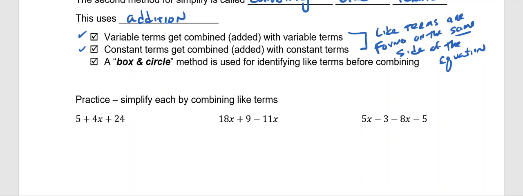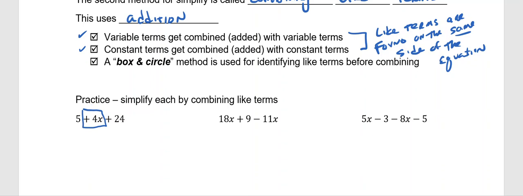So let's start with this. For no particular reason, I generally put boxes around my variable terms. I know it's an expression because there is no equal sign here, so think of it as what we would see on one side of an equation. I have the term positive 4x, the only term with the variable on this side.